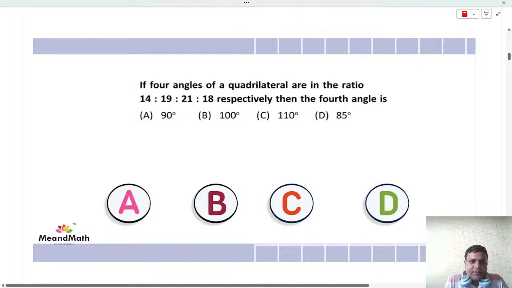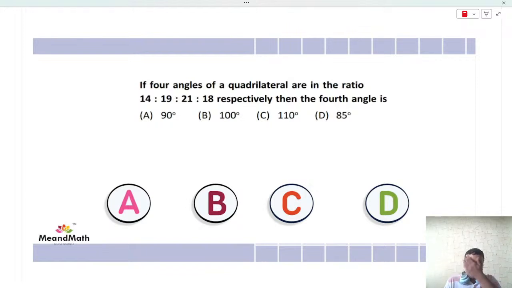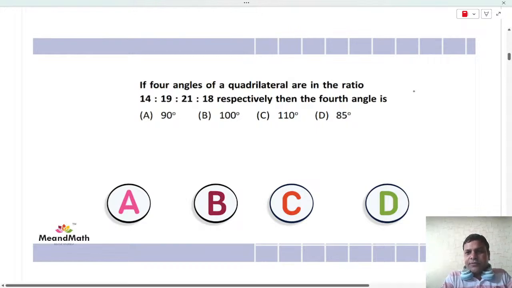This is the first question for the session. If four angles of a quadrilateral are in the ratio 14, 19, 21, 18 respectively, then the fourth angle is. So this question is about the angles of a quadrilateral in which the ratio is given. You have to find the exact value of the angles. Let's suppose this is a quadrilateral ABCD.